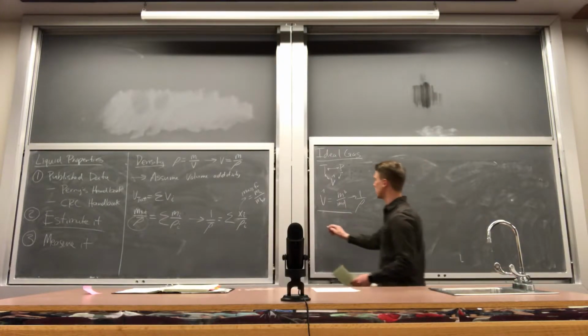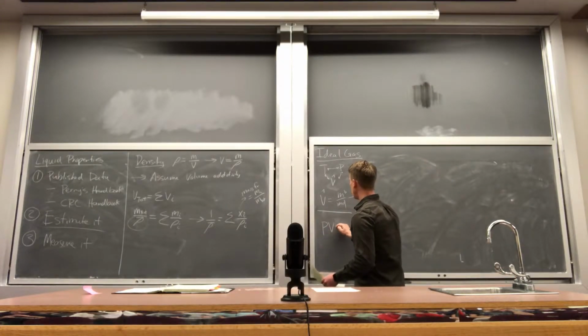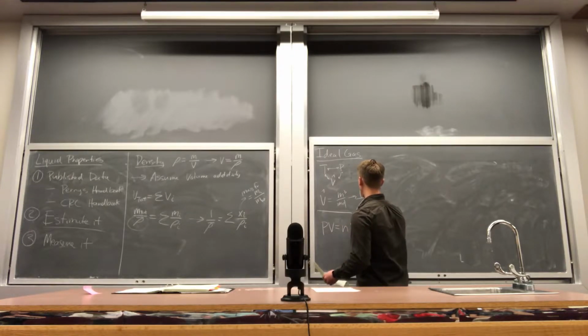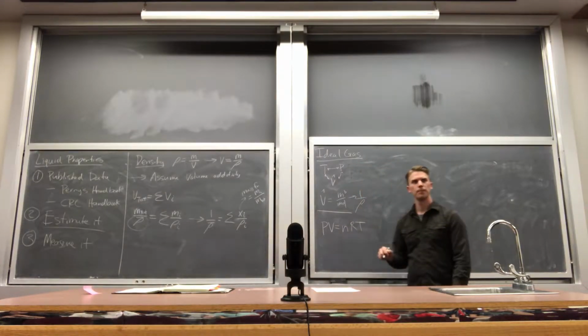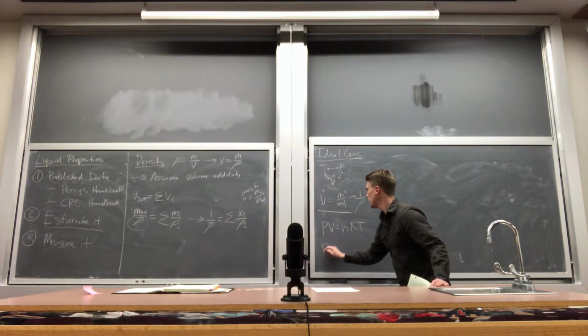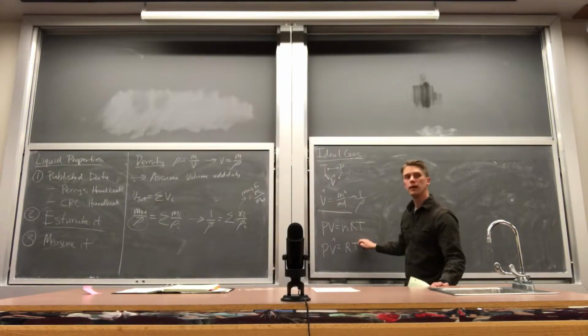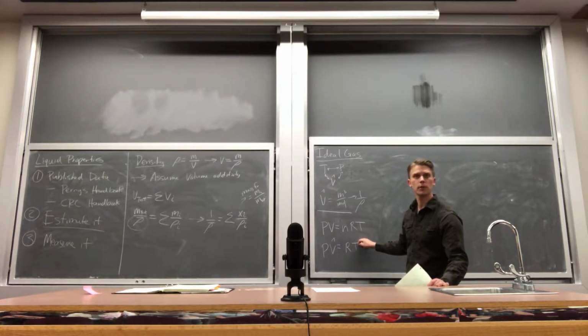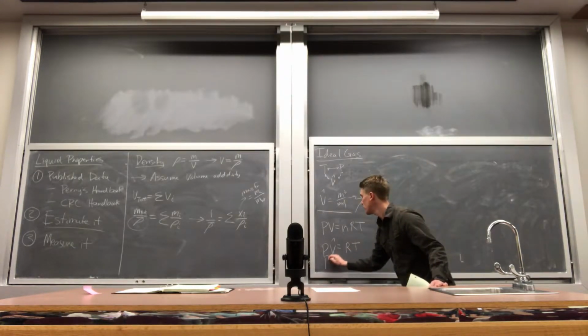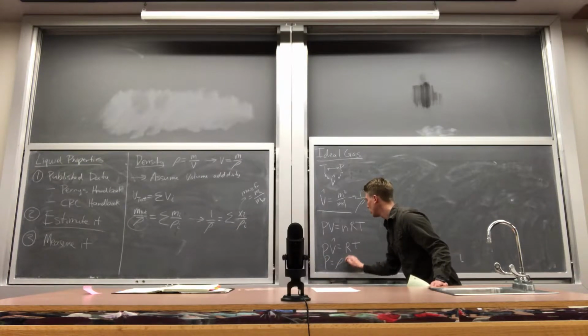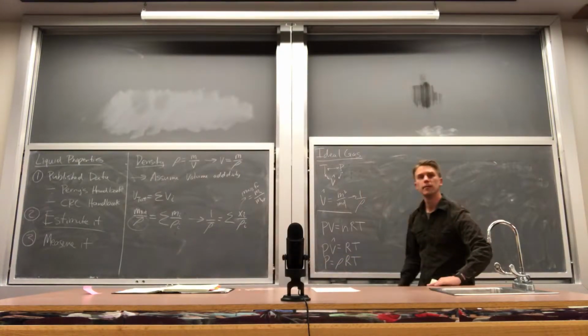So the ideal gas law, typically you'll see PV equals nRT. But you can also write PV hat equals RT. Or if you were to look in a physics or a physical chemistry textbook, maybe in your quantum class, you'll see P is equal to rho RT.